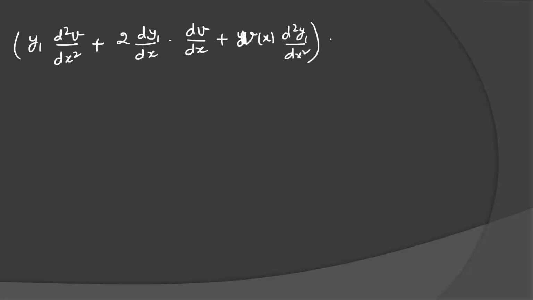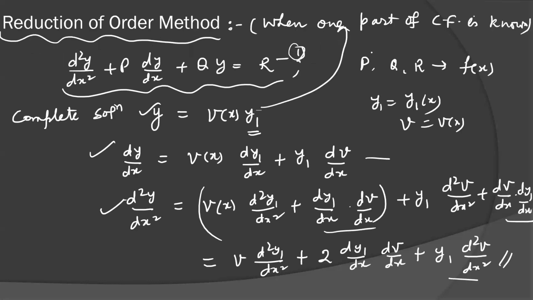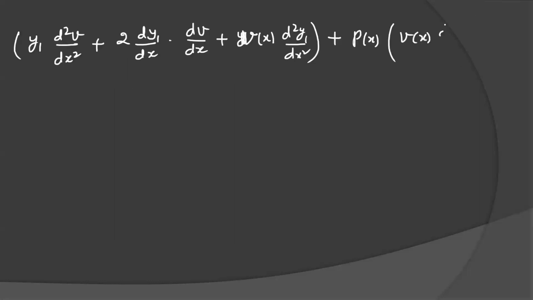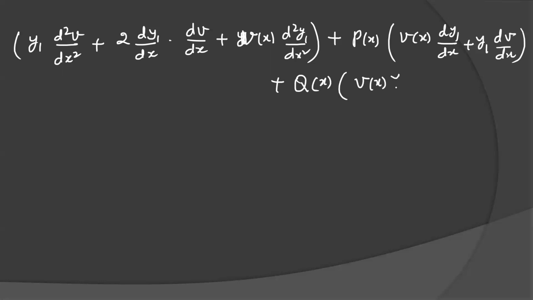This is the value of the first term, plus p(x) times the first derivative of y, that is v(x) dy1 by dx plus y1 dv by dx, plus q(x) times the value of y, v(x) y1, equal to r(x). I'm taking the entire differential equation. If r(x) is 0, then this solution will be the solution for the homogeneous part only. If r(x) is there, then this will be the complete solution.